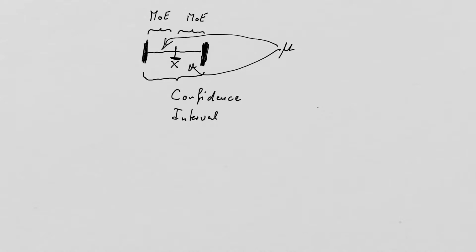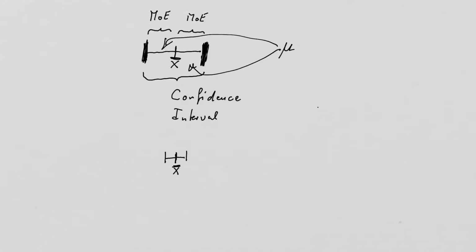And when I say most likely, we usually specify how likely we want this to be. So, for example, if we have a very narrow confidence interval like that, how likely is it that our true population mean is actually located in there?